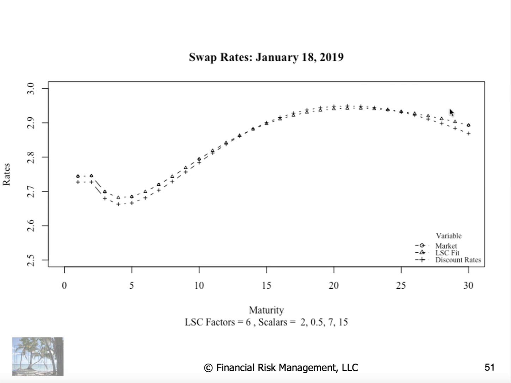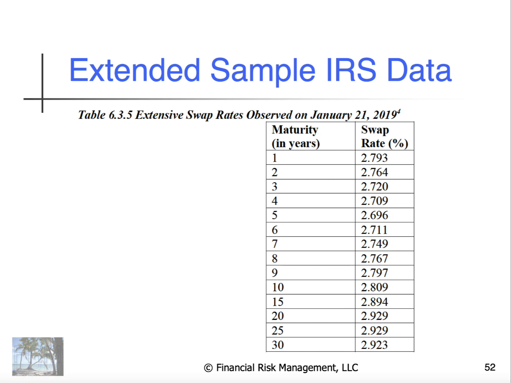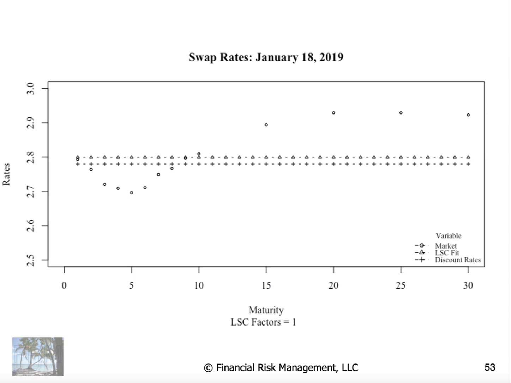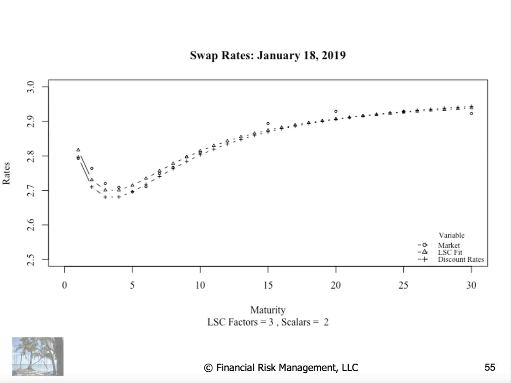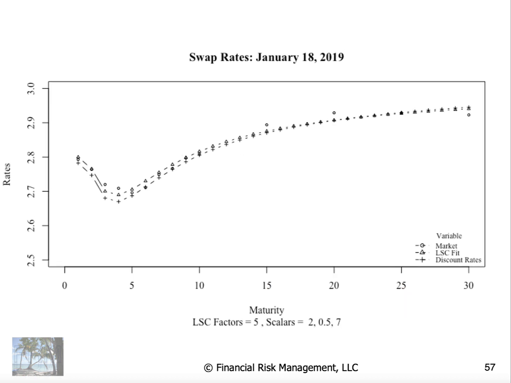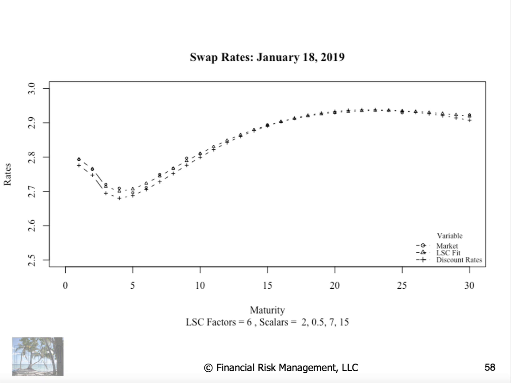At 6 factors, we start getting some somewhat unusual curve fits. If we use more refined data, I found this data on Bloomberg on a particular day, and so with more observations, we can try to fit the curve better, minimize the error, and we get the same sort of phenomenon.